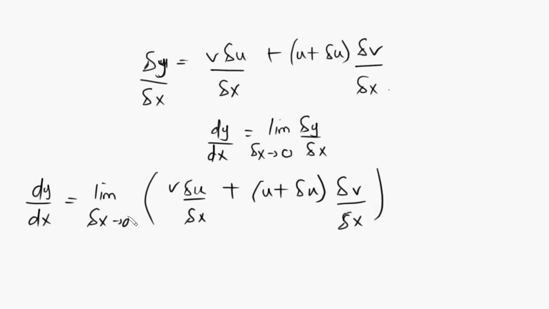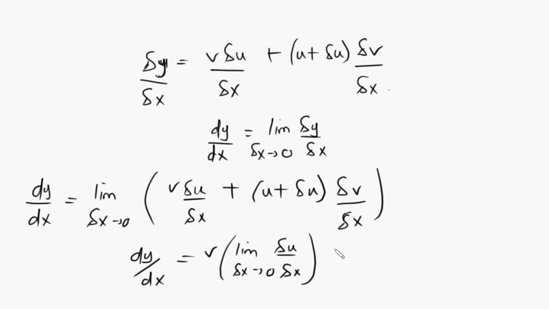Using the idea of limit, I can take the limit inside. So dy over dx is equal to v times the limit as delta x approaches 0 of du over dx, plus now notice this is u plus delta u.